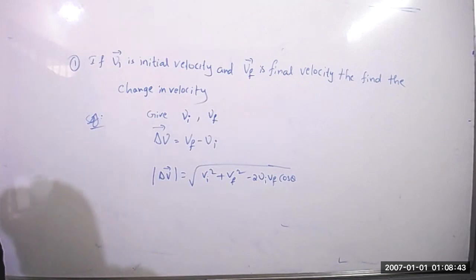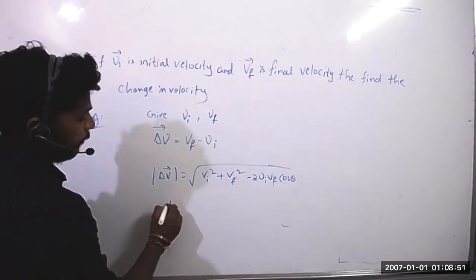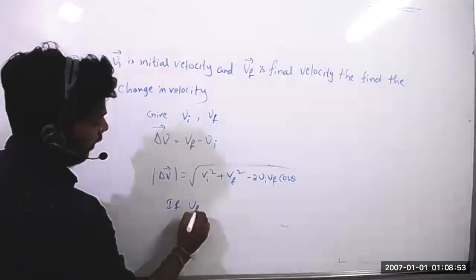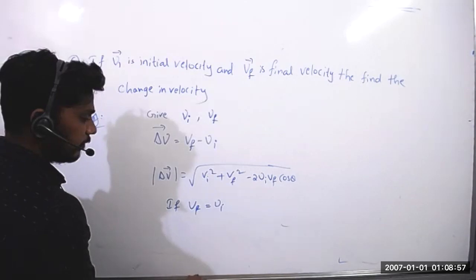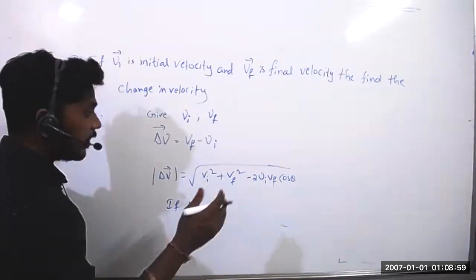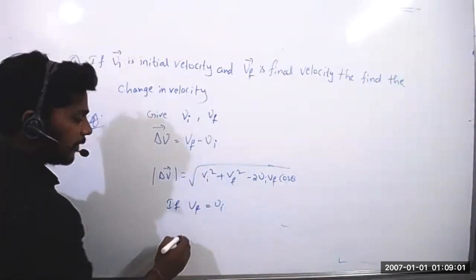No need to calculate further. If Vf is equal to Vi, how much will you get? Vi squared plus Vi squared minus 2 Vi squared cos theta. You know the formula, right?